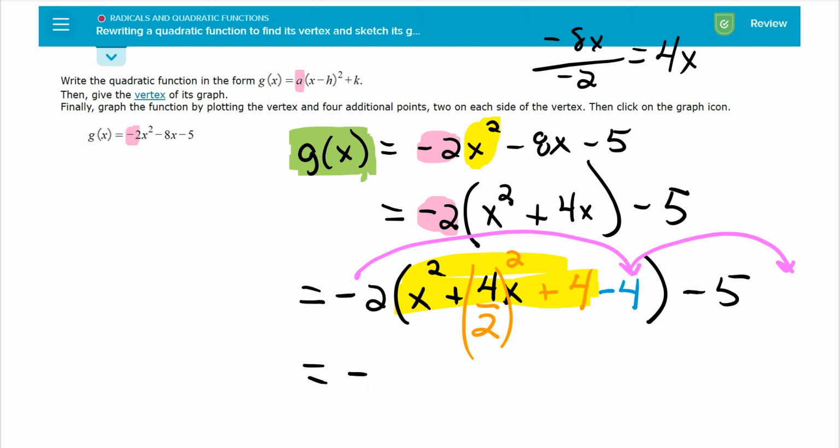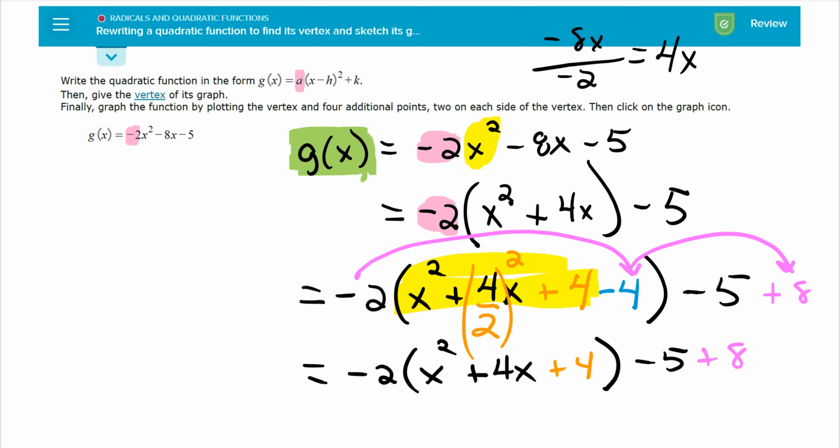So that what I'm going to have is -2 times x squared plus 4x plus 4, close my parentheses, I still have the -5 out here, and then when I take the -2 times the -4, it's going to kick out here and make this a plus 8.